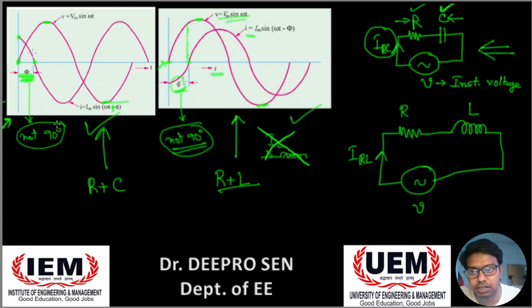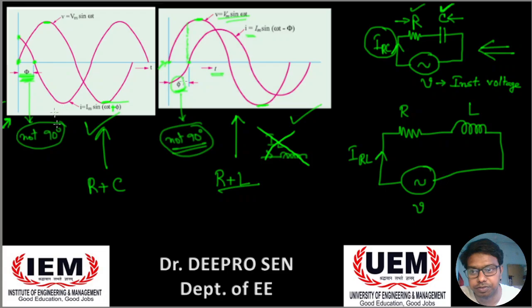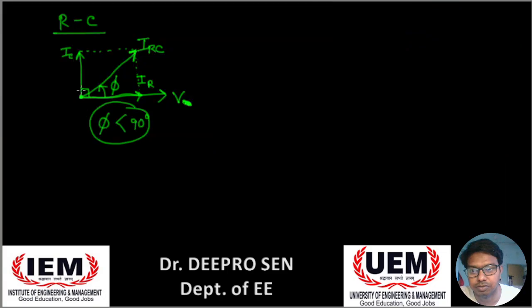The current is leading the voltage. Here also you can see the current I_RC is leading the voltage by phi. So this is how we find phi, which is less than 90 degrees but still leading the voltage. This is for an RC circuit.